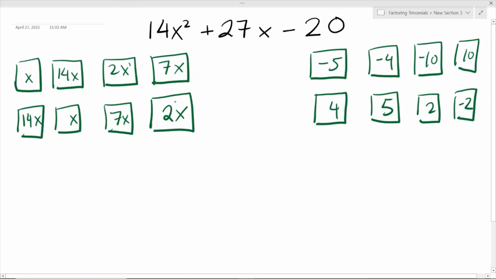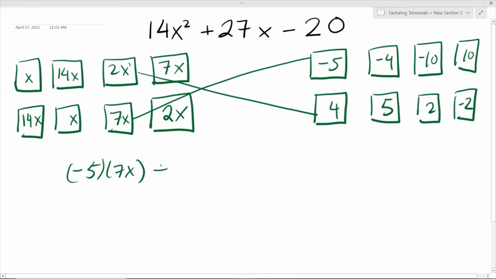So you have to crisscross them, try them out. You can try, say, this one, 7x. I'm just choosing a random one, 7x and -5. So -5 times 7x for this one. And then plus 2x times 4, and you will get -5 times 7 is -35 times x, just x right here, and then 2 times 4 is 8, so plus 8x.